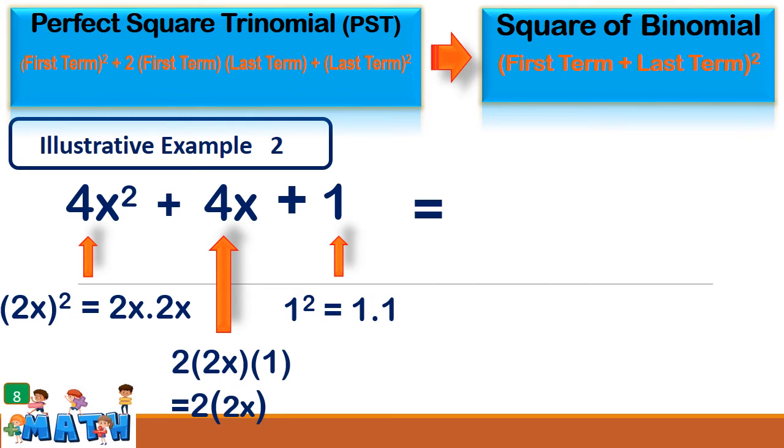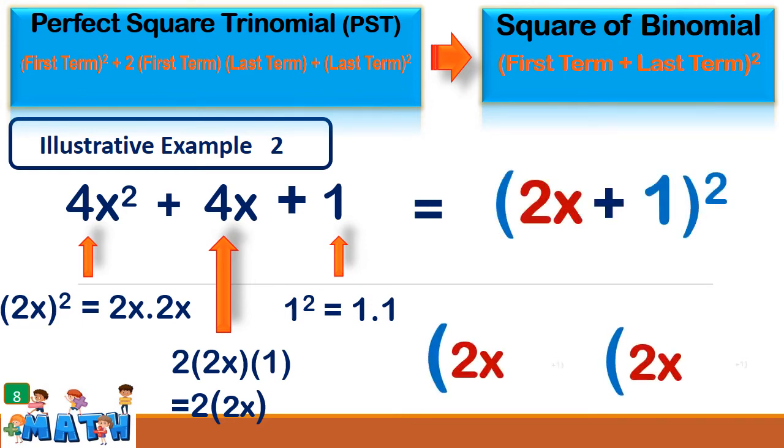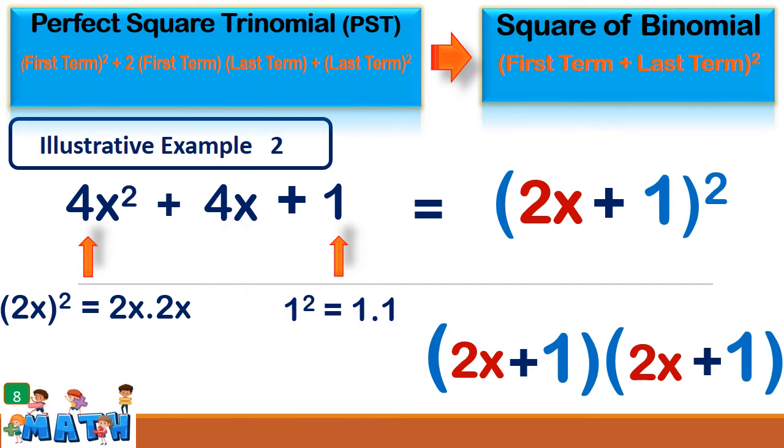So we have a perfect square trinomial. So writing the factors following the pattern, so we have the first term which is 2x and the last term which is 1. So we have the quantity 2x plus 1 squared or 2x plus 1 times 2x plus 1, which is the square of binomial.